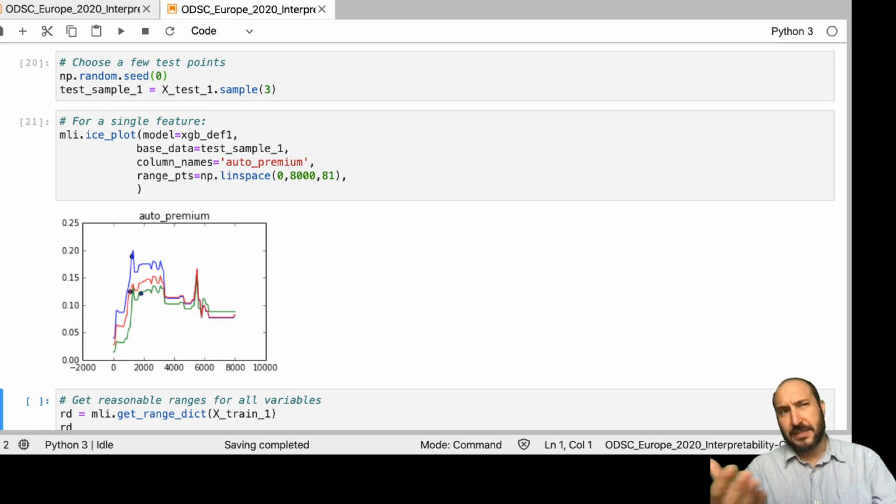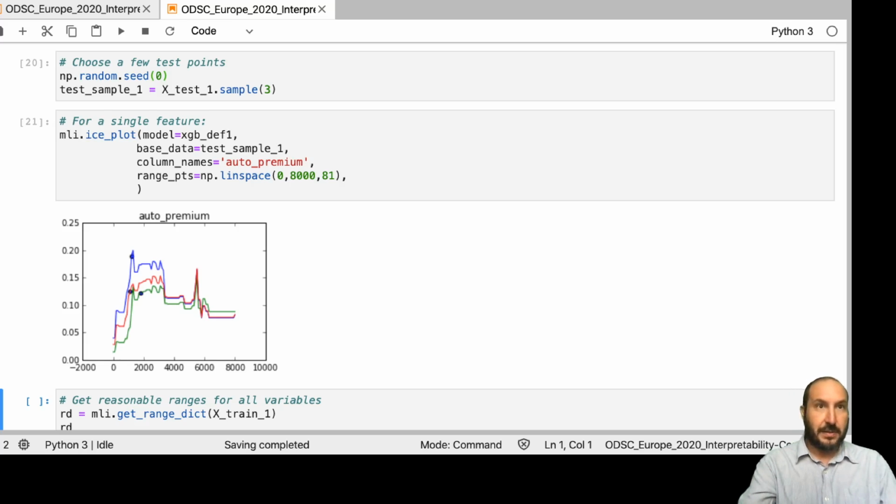And you can ask yourself whether that makes sense or not. And this is, again, another way to assess a model and assess the coherence of the model. What's the story the model is telling? The story is that very specific changes in the values make a big difference in terms of the probability someone's going to buy an auto policy.